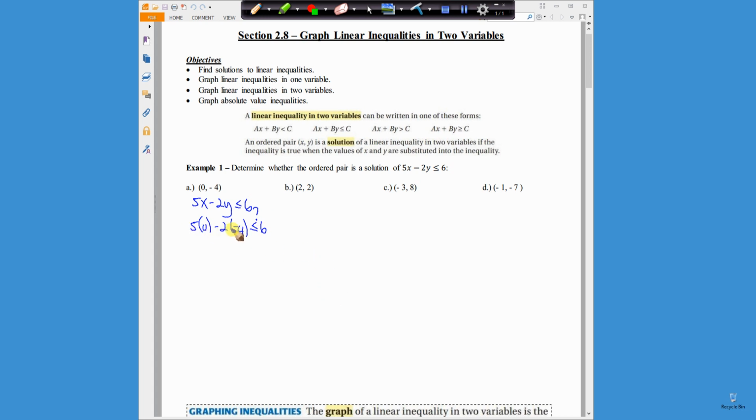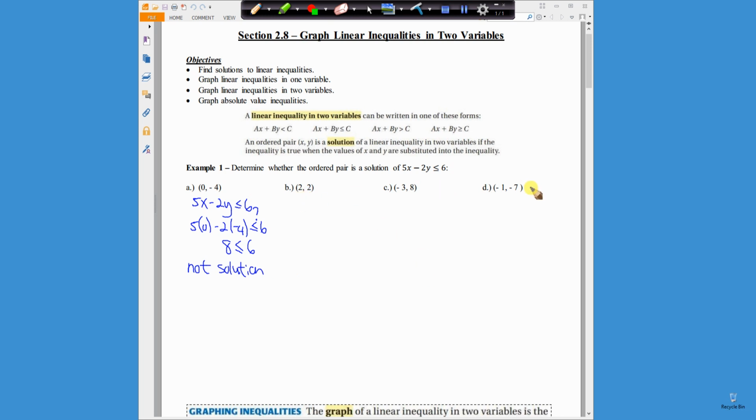So this is nothing, and this becomes positive 8. So is positive 8 less than or equal to 6? No, that's not true. Positive 8 is bigger than 6, not less than or equal to 6. And so the answer here is this is not a solution.